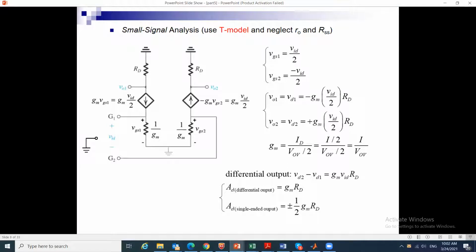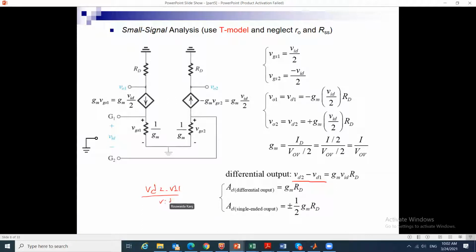The first one is that if I am looking at the differential gain AD with respect to VID, then I can obtain it in two modes. One is looking at the differential output, which is the gain of VO2 minus VO1 over VID.